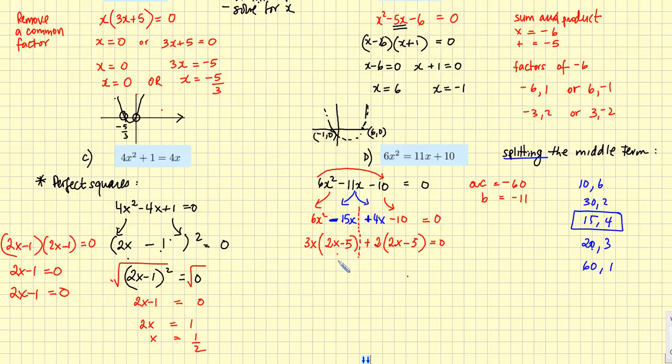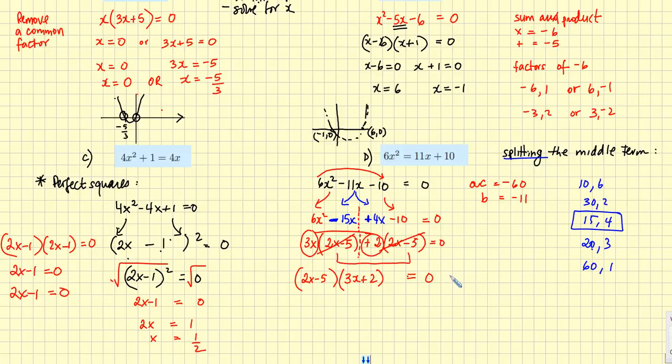All right, now because these two are identical, I know I've done the problem correctly, if you recall from last year, and now I can remove a common factor, and that common factor to remove can be the 2x minus 5. So if I take out a 2x minus 5, which is common to both of these, what seems to remain is a 3x plus 2. So these are removed, one is taken out, and what's left over is a 3x plus 2.